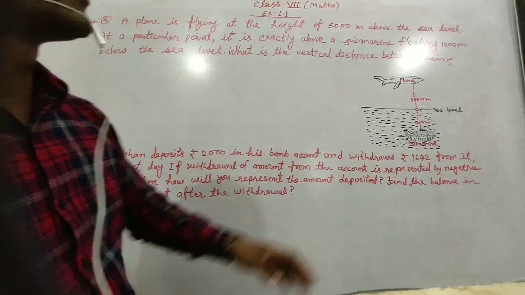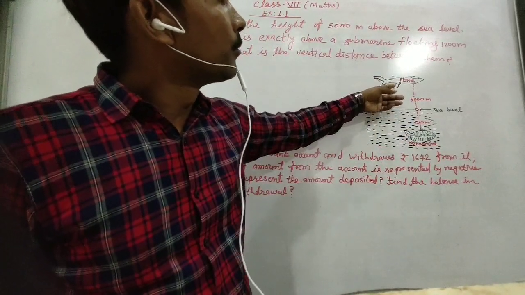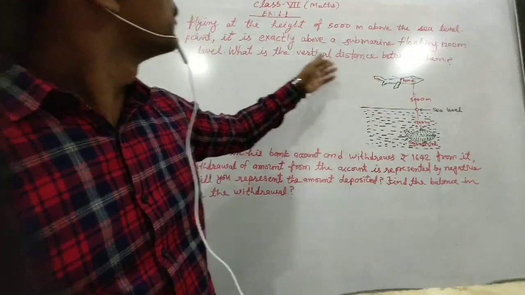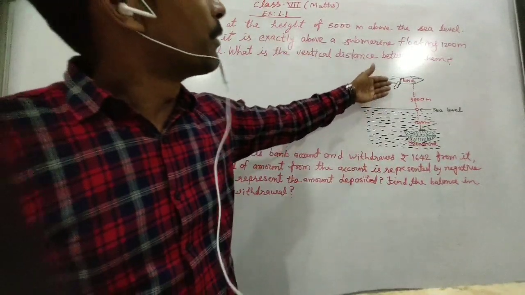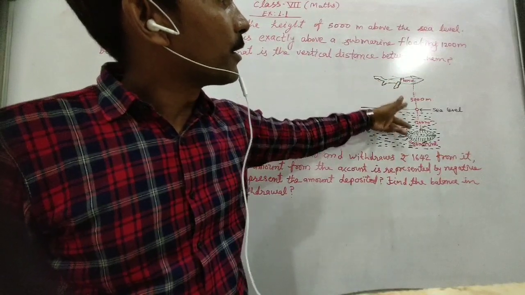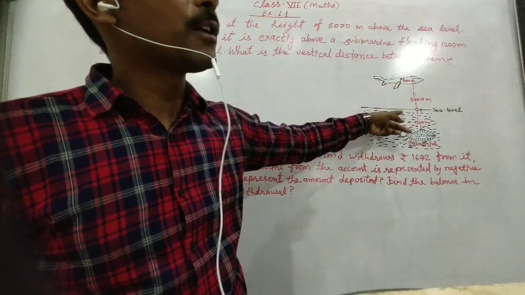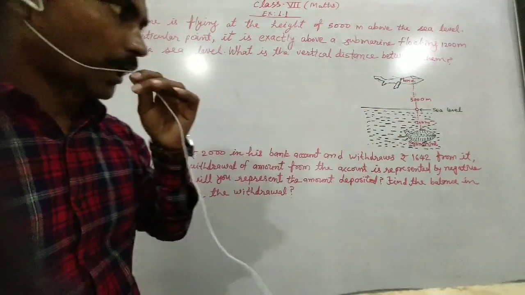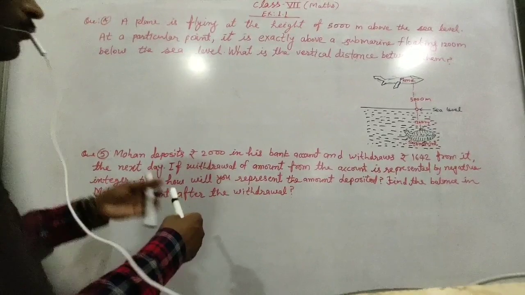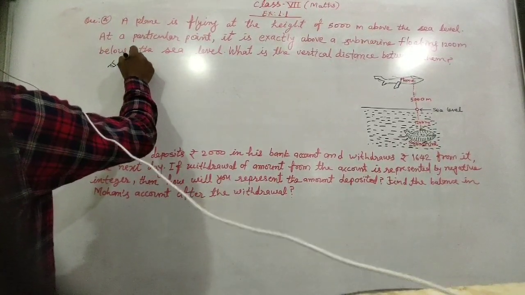So we have to find the vertical distance between the plane and the submarine. 500 plus 1200 equals 1700 will be the answer of this question. So, solve this.